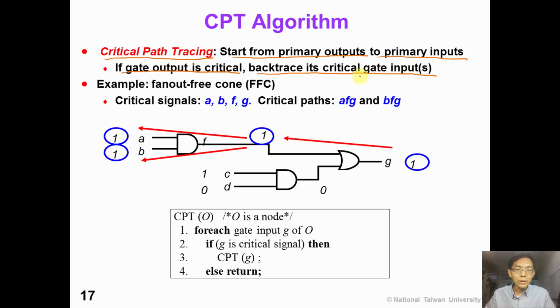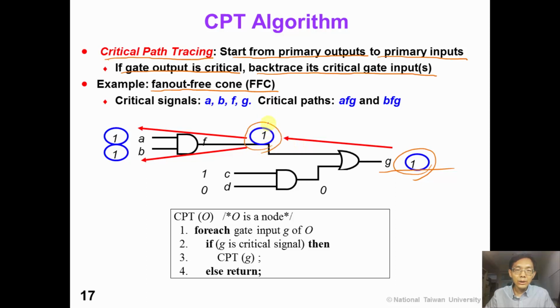For example, the following shows a fan-out free cone, FFC. In this circuit, it does not have any fan-out, so we call it a fan-out free cone or fan-out free circuit. Suppose that G is a primary output, so of course G is critical. Then we trace its critical gate input.